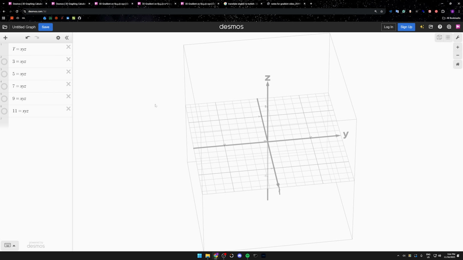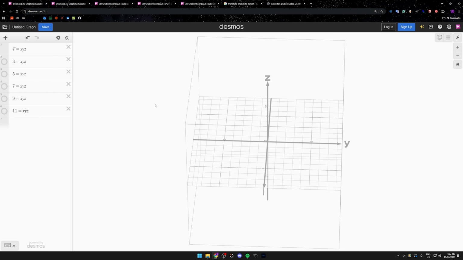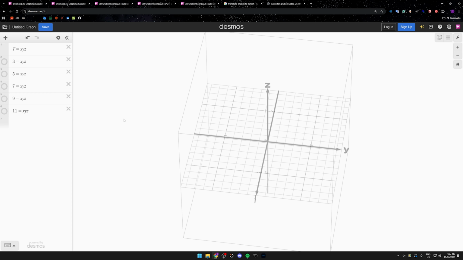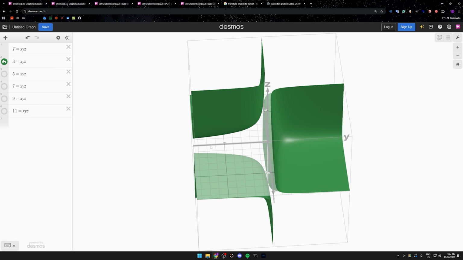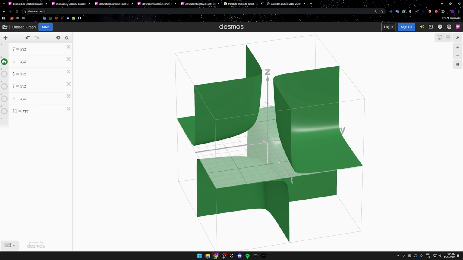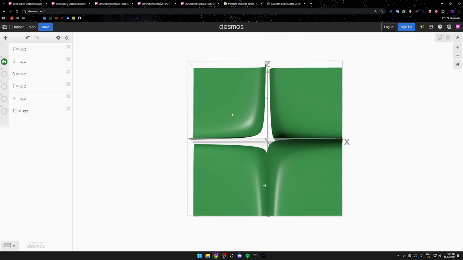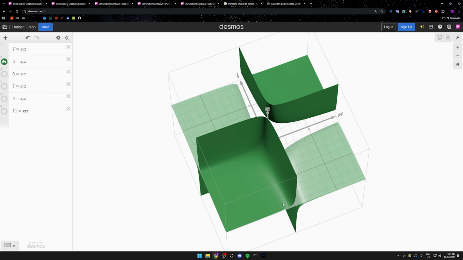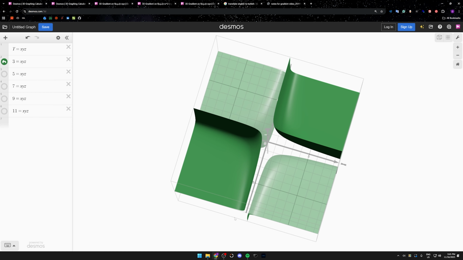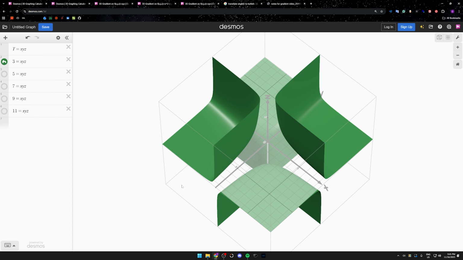So before we made a 3D into a 2D level curve, now we will simply make it into a 3D surface. So our first level curve at t, for example, equals 3 is looking like this. And just don't try to comprehend how we get here.